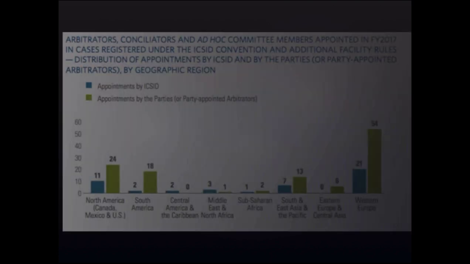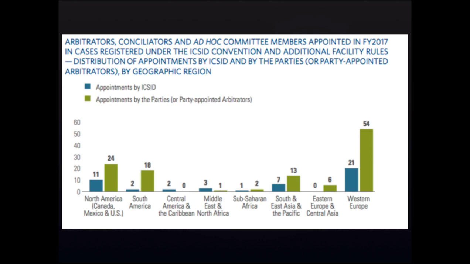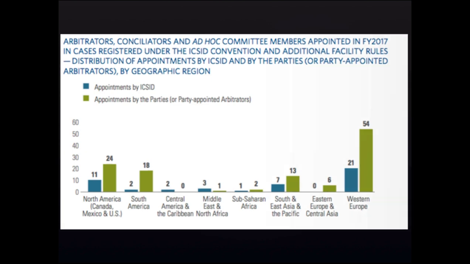The origins of the arbitrators, since the parties choose them, as you can see, most of them are from Western Europe or North America, but we have also seen cases where arbitrators are chosen from different jurisdictions like South America or Southeast Asia. And the venue of the cases.